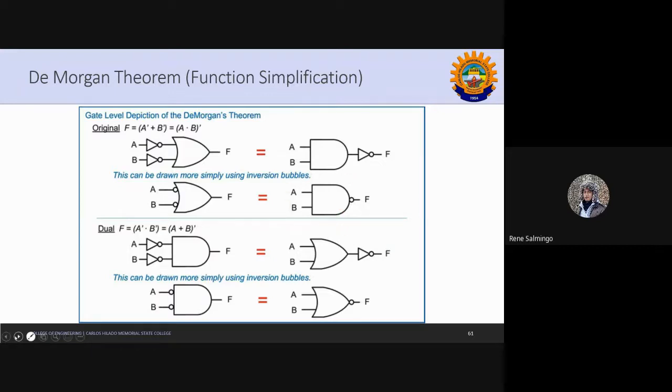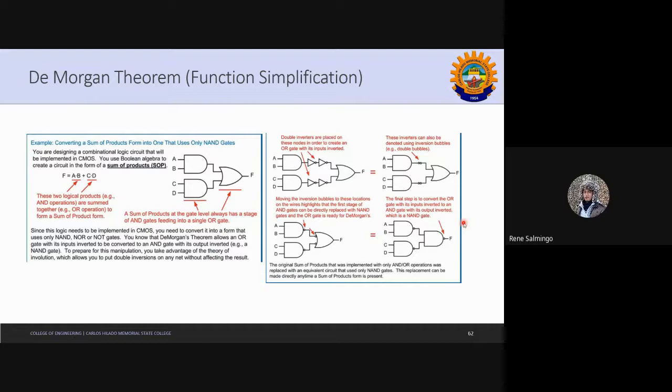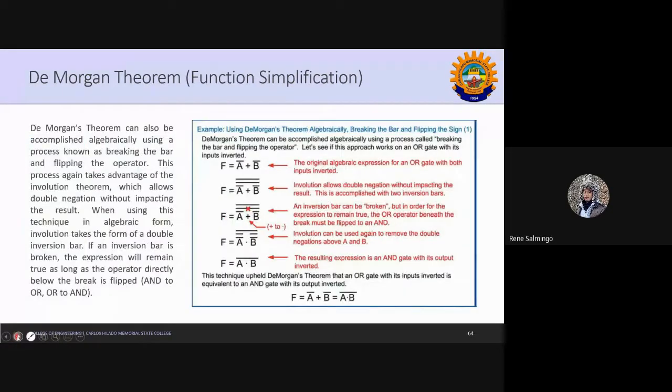So that is an application of your De Morgan theorem. So this symbol becomes this symbol.